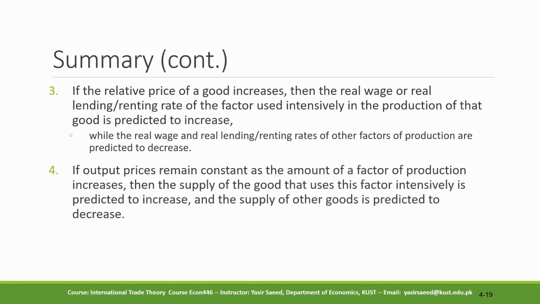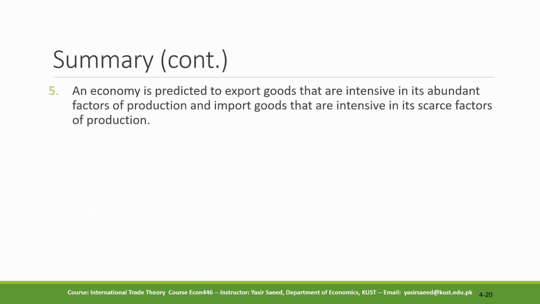If output prices remain constant as the amount of a factor of production increases, then the supply of the good that uses this factor intensively is predicted to increase, and the supply of the other good is predicted to decrease. An economy is predicted to export goods that are intensive in its abundant factors of production and import goods that are intensive in its scarce factors of production.